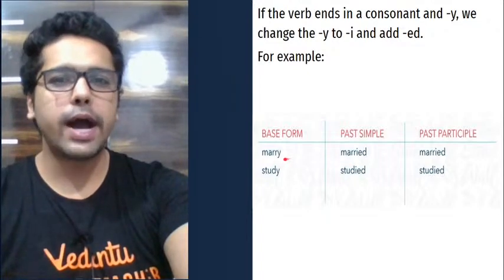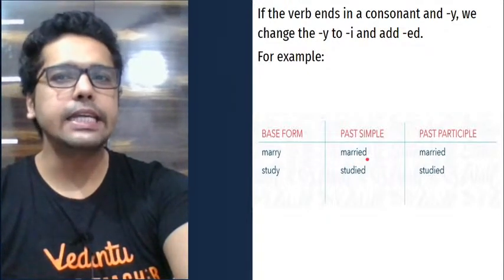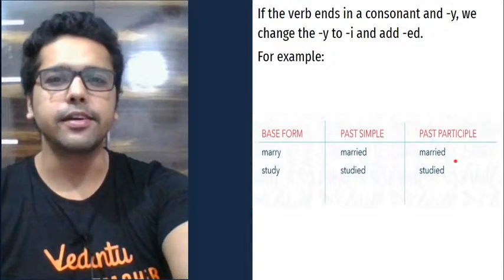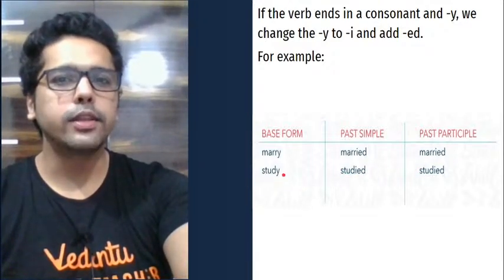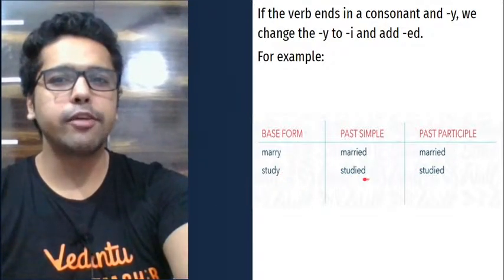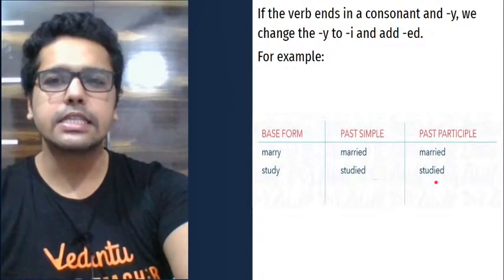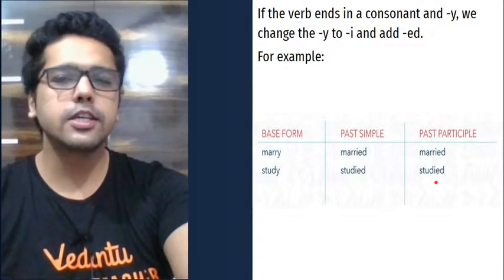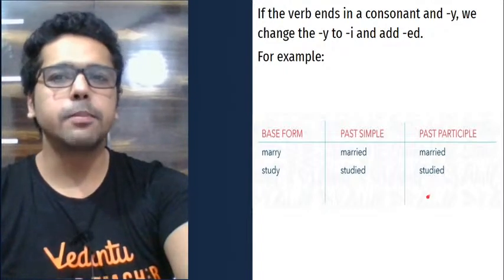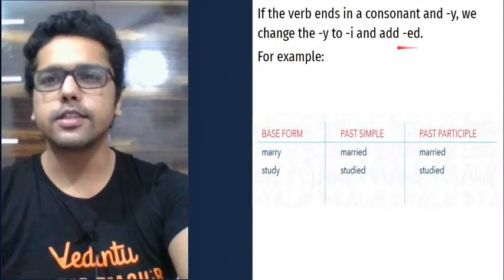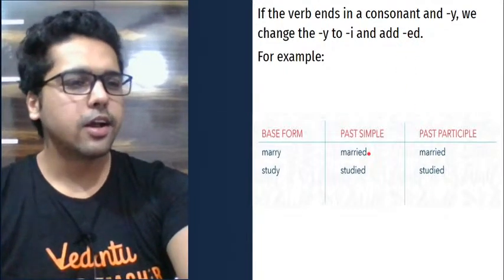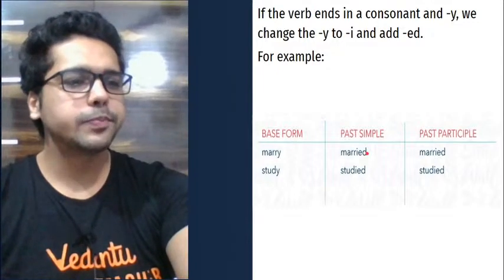The y in marry is removed and we add ied: married. Study: the y in study is removed and we add ied. Studied, studied. These are regular verbs. You're simply adding the suffix ed to it. All these are called regular verbs.